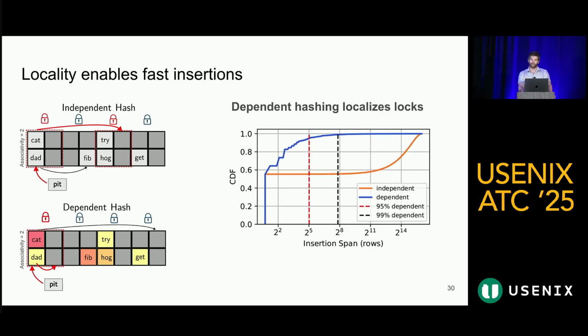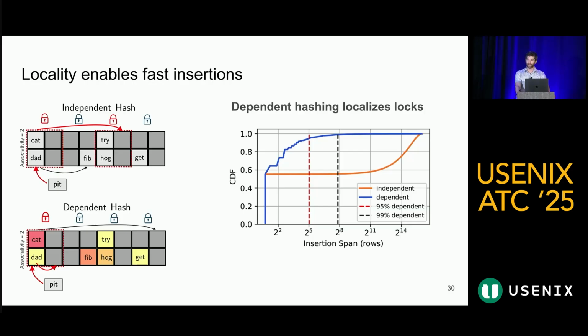I have a CDF that shows what the expected distance in terms of span of the table is when we're performing insertions. So both dependent and independent hashing, up until a little over 50% of the number of insertions that we do, they don't collide with anything. You can just insert them right away, so their distance is 0, or 1 in this case.